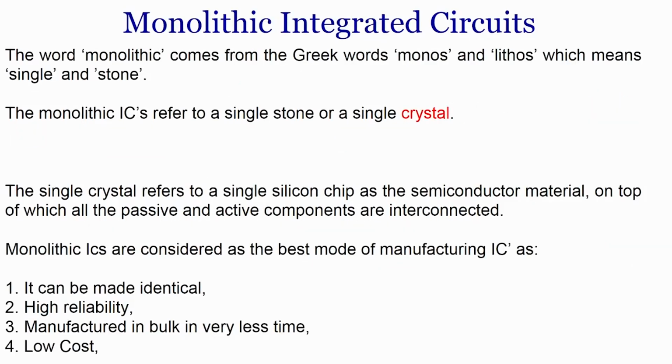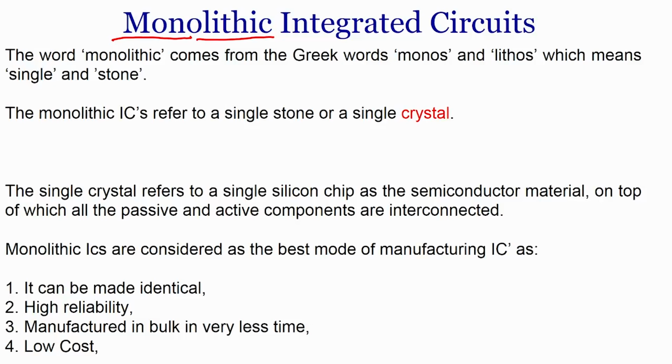Now, we will see a few techniques, or technologies, that are used to fabricate integrated circuits. The first one is monolithic integrated circuits. What are monolithic integrated circuits? Very interesting. We divide monolithic into two parts: mono, meaning single or one, and lithic, which comes from lithos.